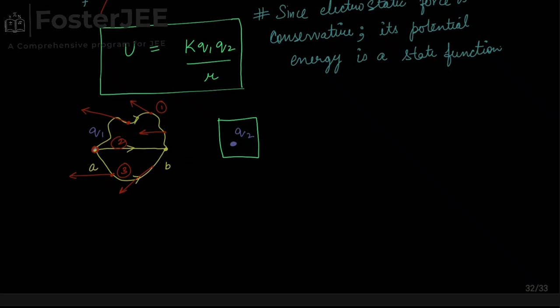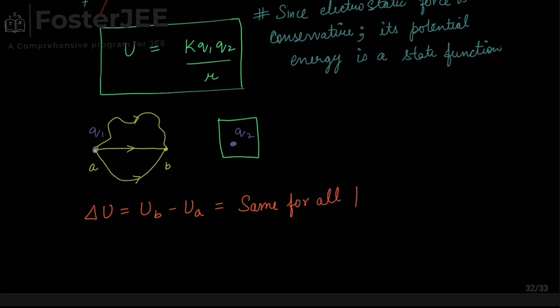But what is same between them is that the change of potential energy between the two points, that is delta U, equal to U_B minus U_A, is same for all paths, whether it is path 1, 2 or 3. The change in potential energy is always same. So this is the meaning of state function.